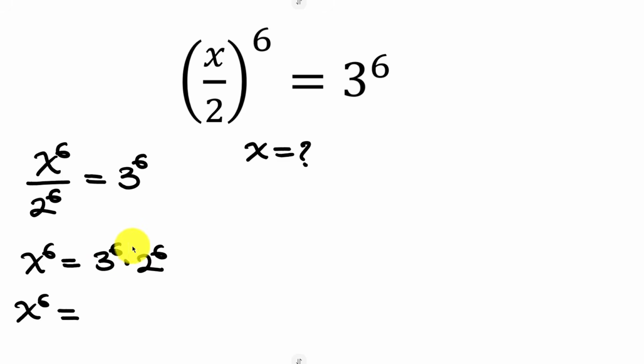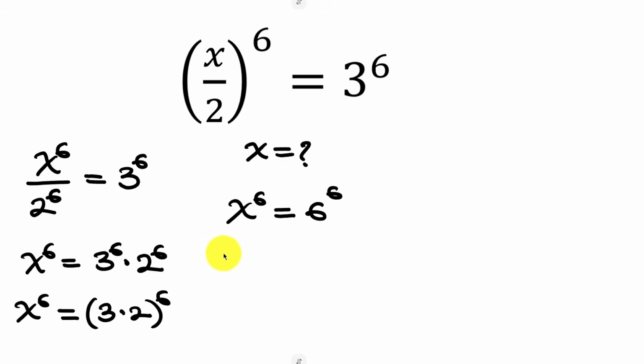So long as they have the same powers, we can multiply the bases 3 times 2 and then group the powers together so that they become one common power. So this is x to power 6 equal to 3 times 2, which is 6, to the power of 6.